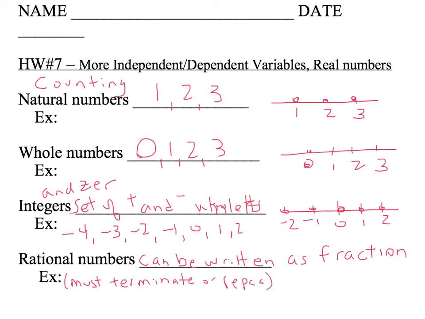Like this: -5/8, because that terminates. The square root of 9, because that can be cleaned up. 0.48, because I can write that as a fraction. Anything like that is a set of rational numbers.